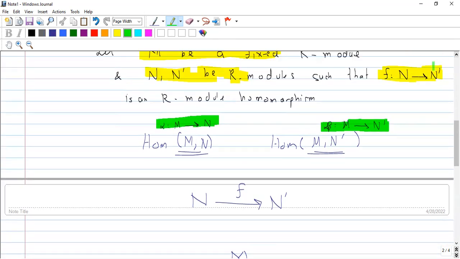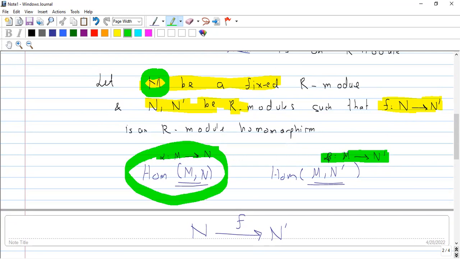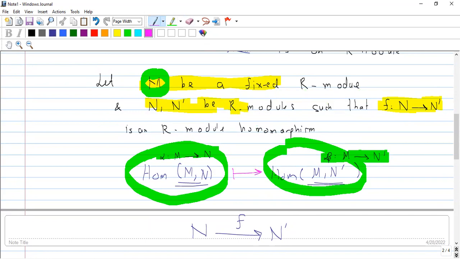We already know that there exists an R-module homomorphism from N to N dash. With the help of this fixed M and N, we can define the set Hom(M, N), and with the help of the fixed M and N dash, I can define Hom(M, N dash). How can we relate these two?